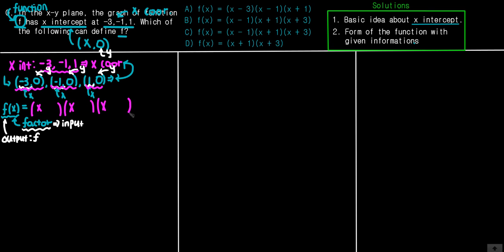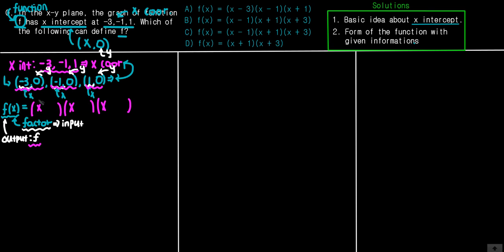The basic function property is that beside these binomials, there should be a multiplication sign. What we did here is replace every single term, which is -3, -1, as well as 1, into the x values to see the value of it. They can make the output of our function, which is f, equal to 0.